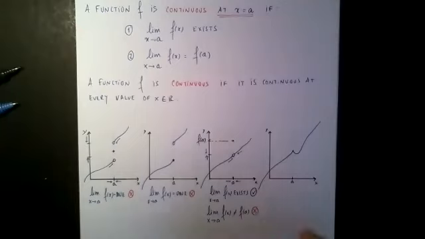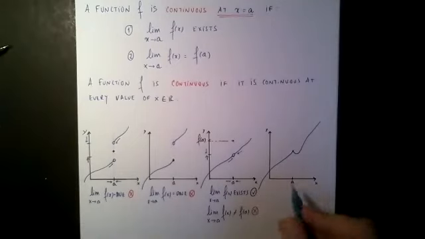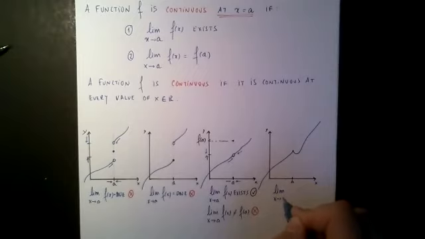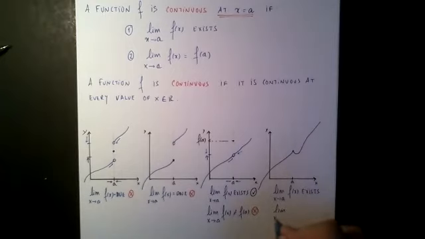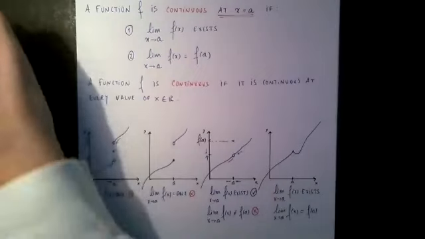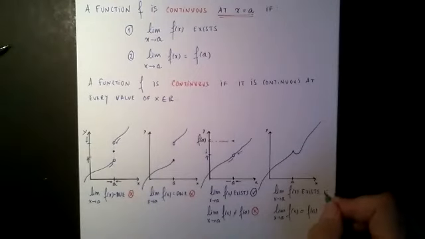And of course the last one: the limit as x approaches a of f of x exists, you see it, and the limit as x approaches a of f of x is equal to f of a. Both conditions are satisfied.